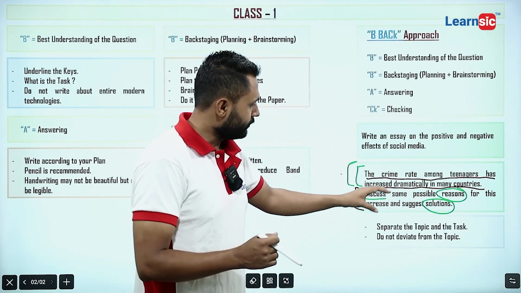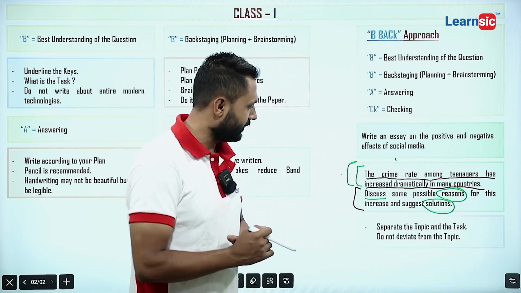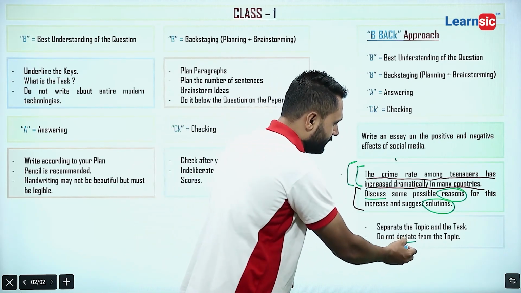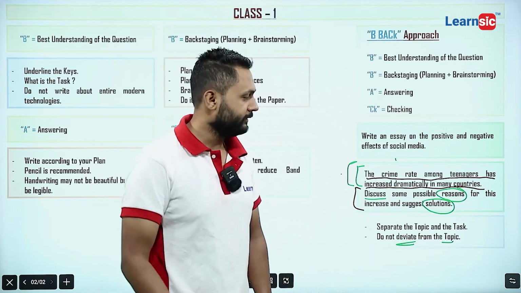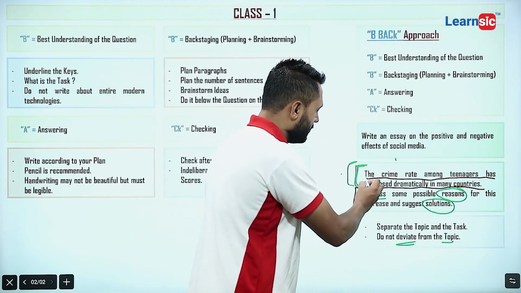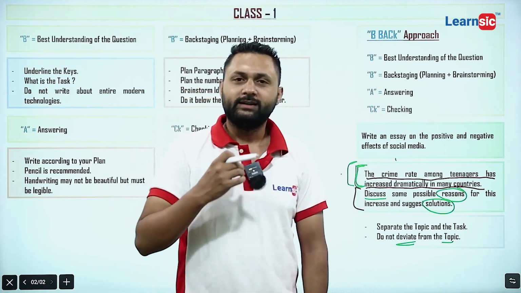Now that we have understood topic and task, the next thing is do not deviate from the topic. Again, this question just talks about teenage crime.